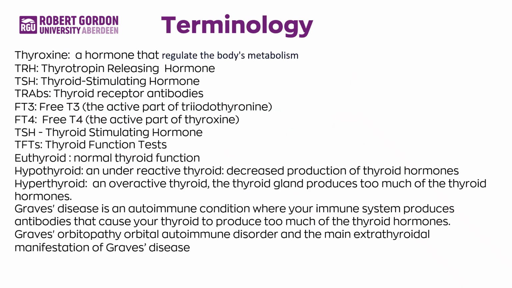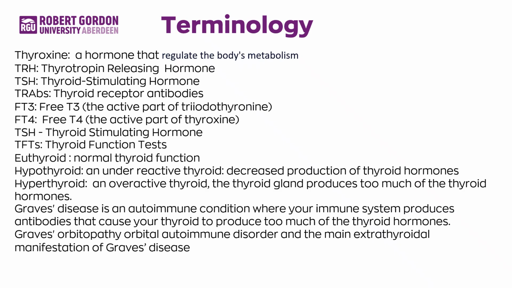Before we go further, it's important that we get comfortable with the terminology you'll see throughout the session. We use abbreviations such as TRH, TSH, FT3, FT4, and TFTs all the time, so keep these in mind. I would recommend that you pause this video and have a look at this terminology.